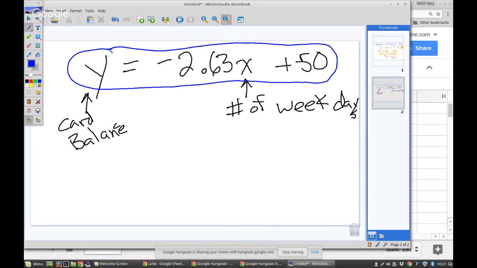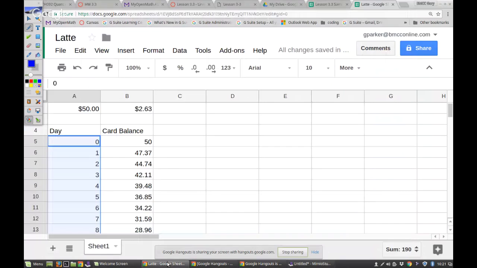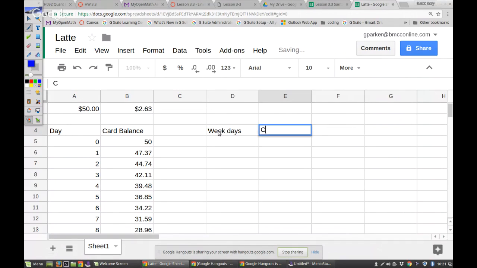So I'm going to get mine going here. We can compare notes. So I'm just going to put it off here to the side. I'm going to make a new column for weekday, a new column for card balance. Okay. So I'm going to do 0, 1, 2.